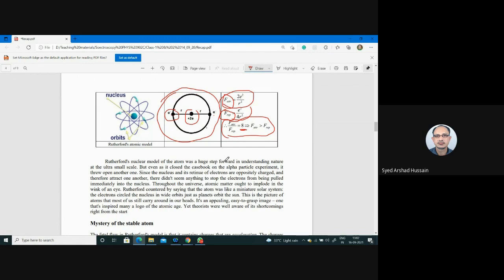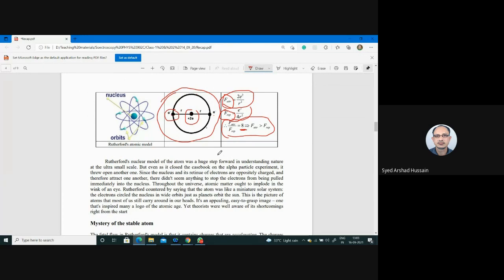So this means there is a high probability that the electron should fall into the nucleus. But in principle, it is not happening. This is a stable system.